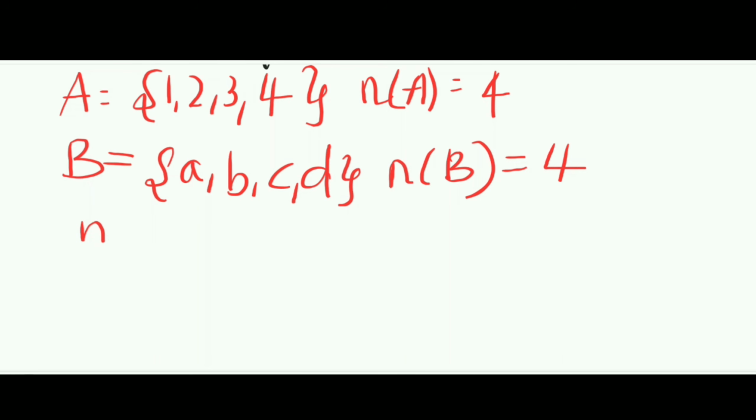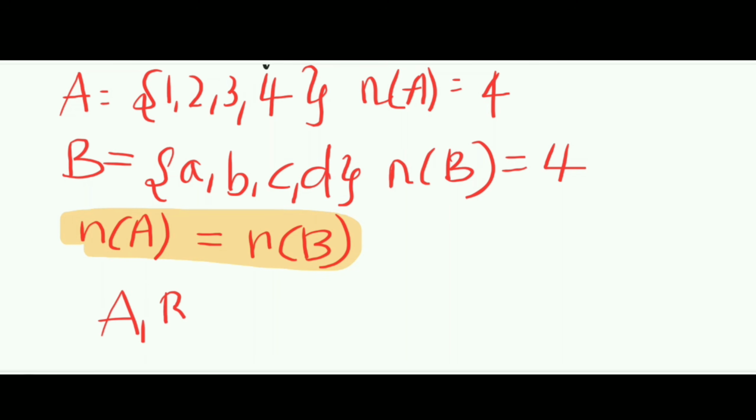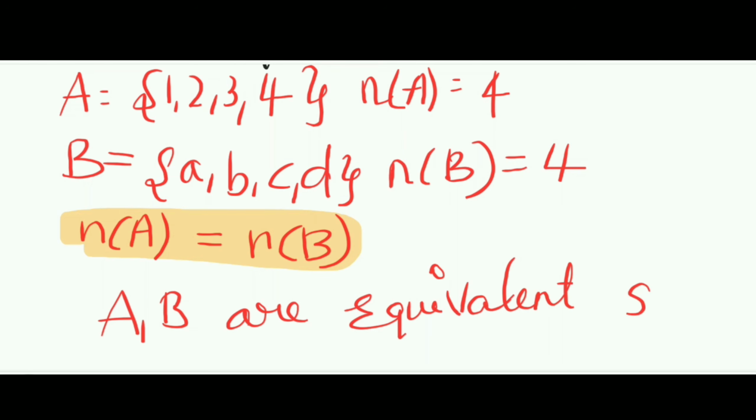So n of A, the number of elements in A set, is equal to the number of elements in B set. If this condition is satisfied, then sets A and B are equivalent sets. Remember this, it's very easy itself, but you have to remember.